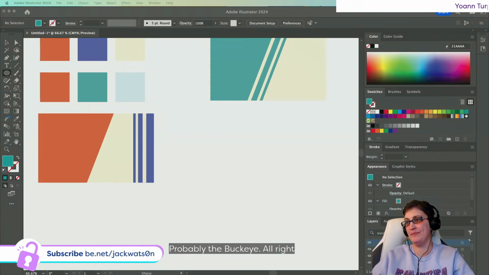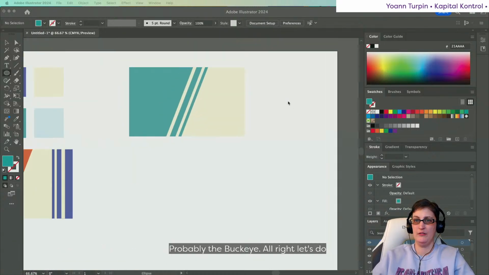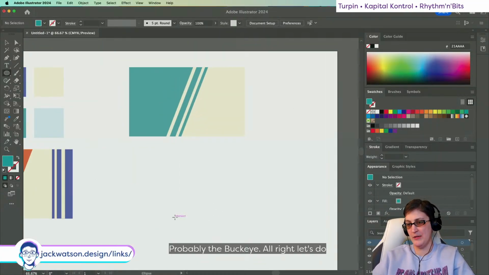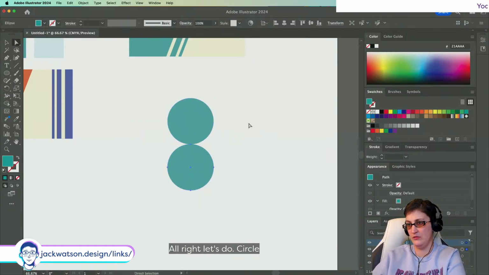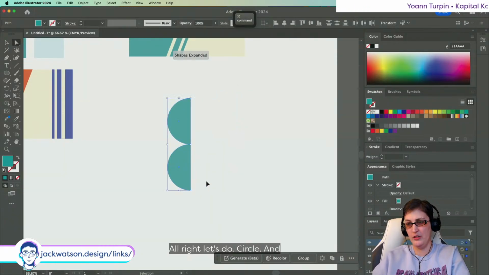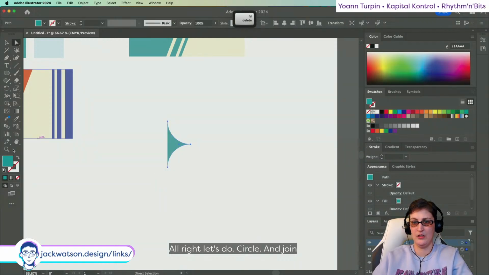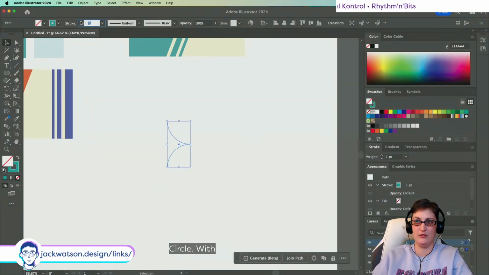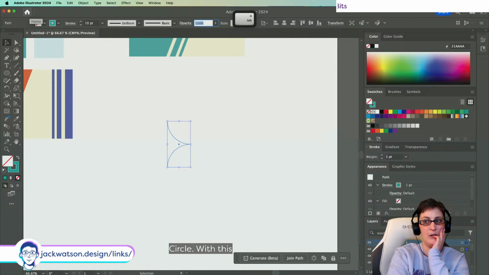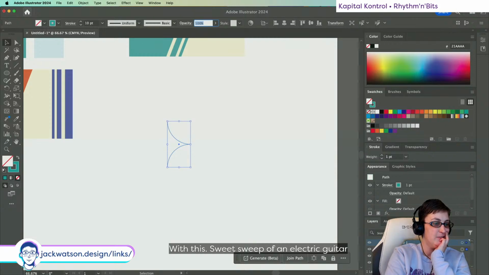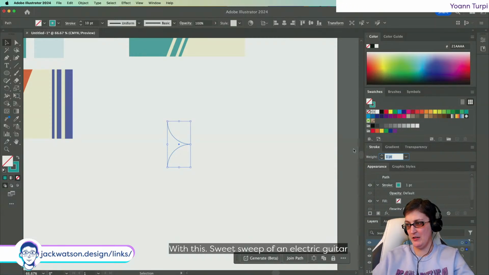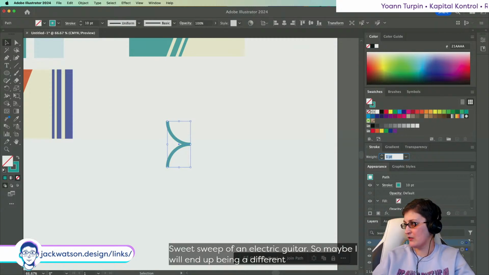Let's do, let's see, I'm gonna make a circle. I'm gonna join these. Put this. This sweet swoop of an electric guitar. Maybe it will end up being a different concept altogether. We'll see.